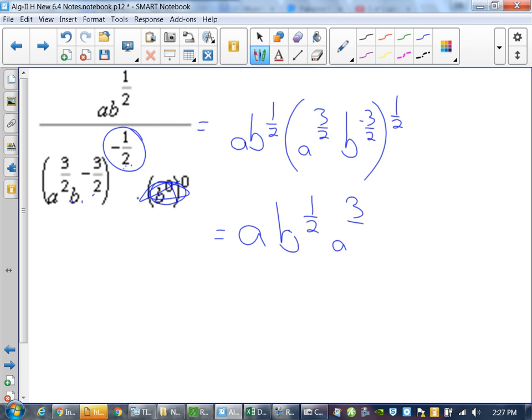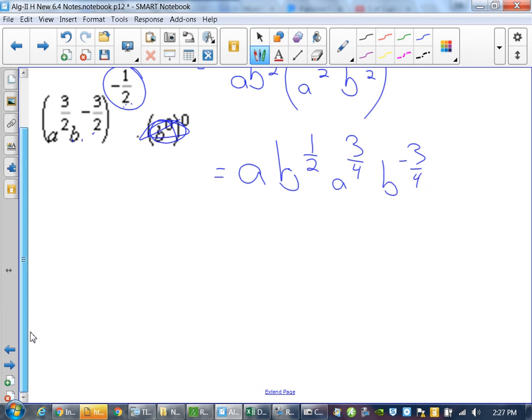Three-fourths. And the next one becomes negative 3/4. Okay? That last b is now unhappy. So I'm going to recombine.